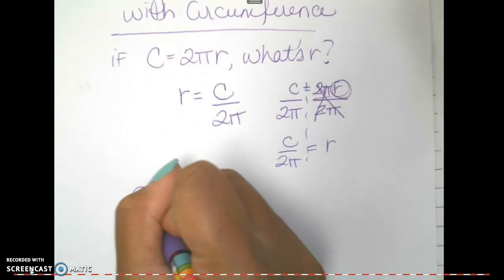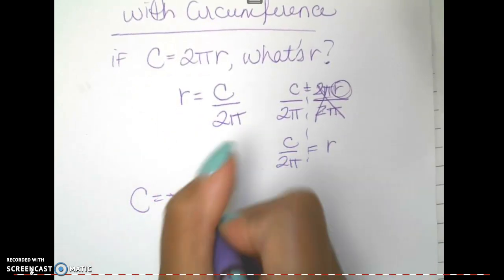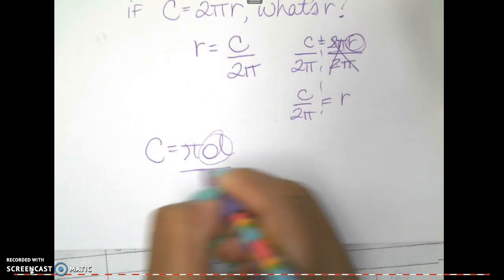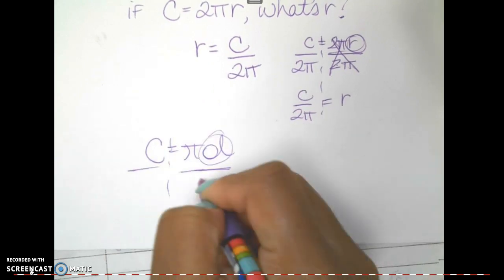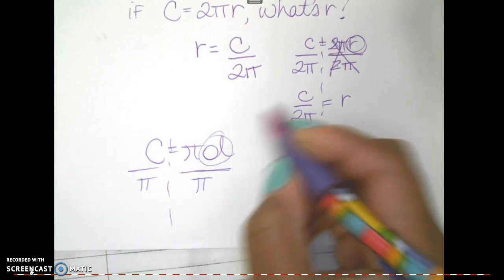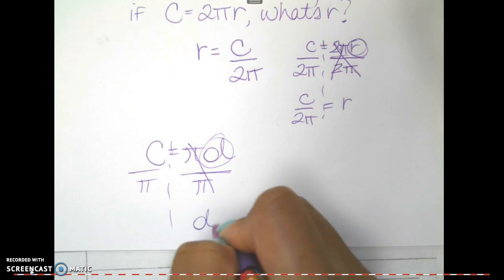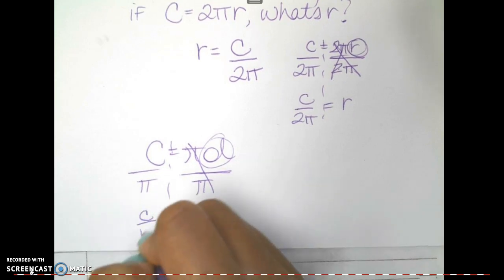Same thing for C equals pi times diameter. I'm solving for D, so I divide both sides by pi. These pi's cross out. I'm left with D equals circumference divided by pi.